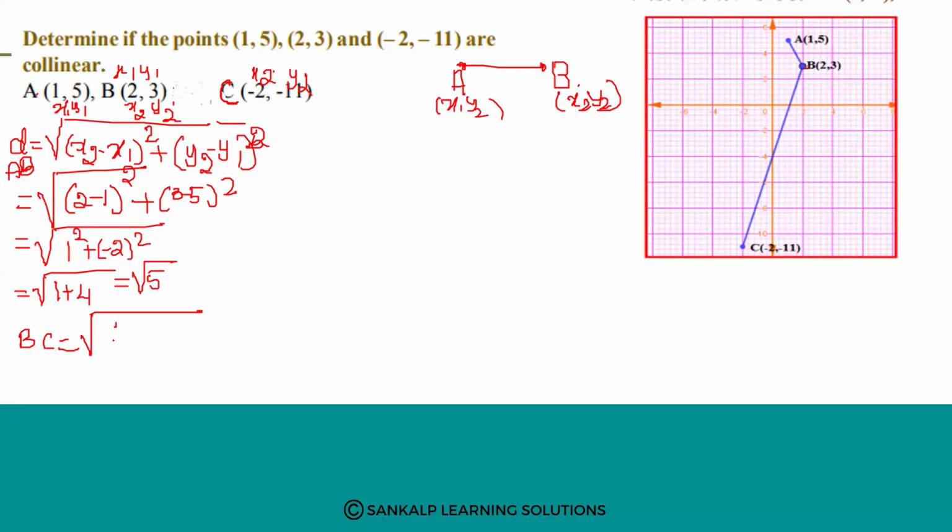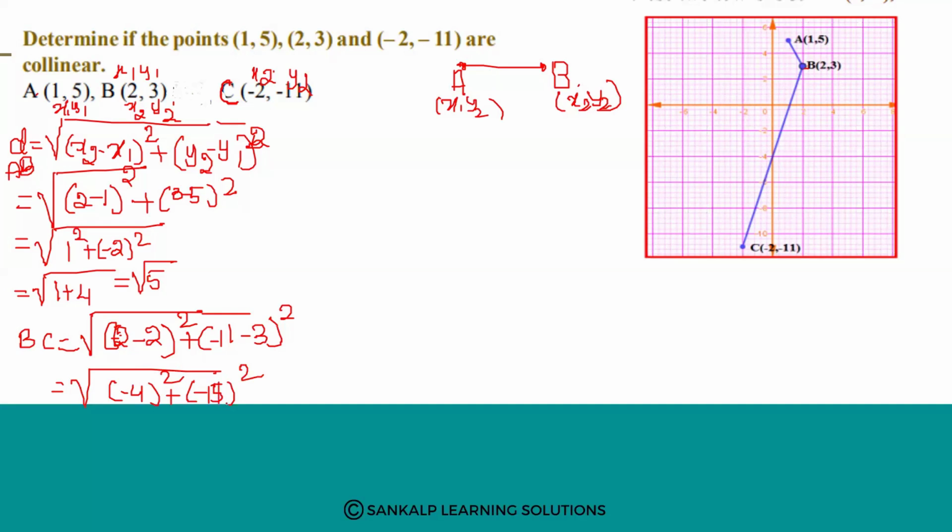Square root of x2 value is minus 2, x1 value is 2, minus 2 minus 2 whole square plus y2 value is minus 11, y1 value is 3. Minus 2 minus 2 is minus 4 whole square, minus 11 minus 3 is minus 15 whole square.